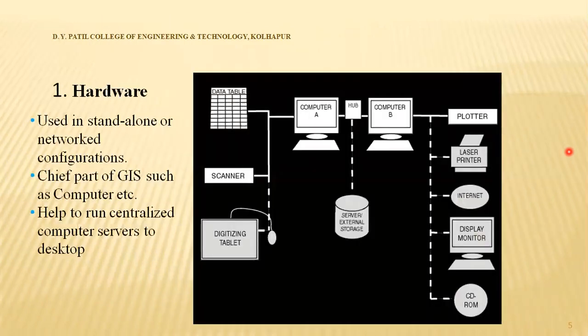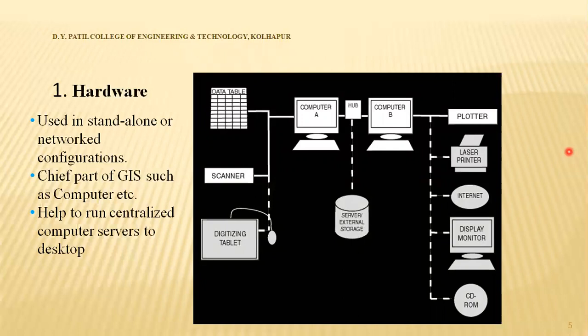As far as the hardware is concerned, the computer on which GIS operates is the hardware we require. Today, GIS software runs on a wide range of hardware types, from centralized computer servers to desktop computers used in stand-alone or network configurations.